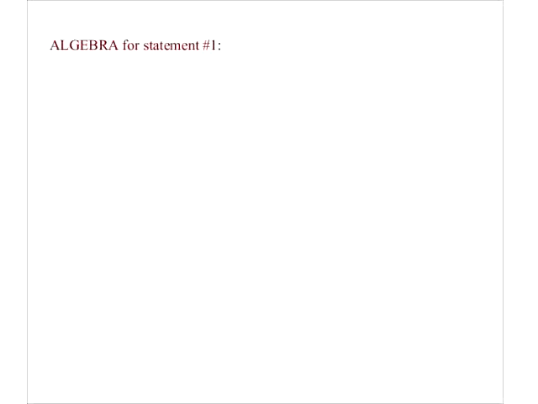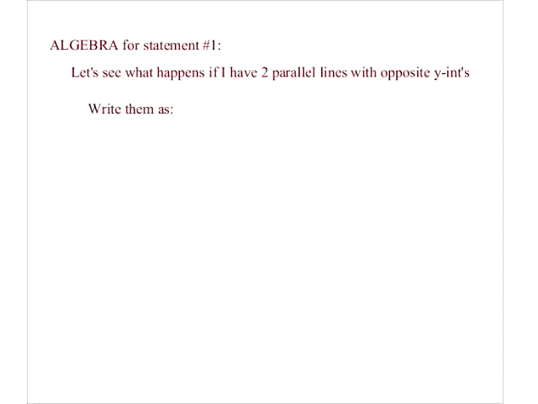There's no reason to use m sub 1 and m sub 2 if they're the same number. Just call them m. You don't want to introduce unnecessary variables. So 2 parallel lines with opposite y-intercepts. Write these as y equals mx plus b, and then write the other one as y equals mx plus negative b, because that's the opposite intercept.